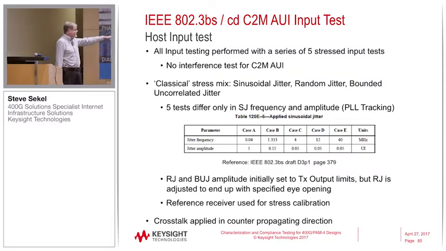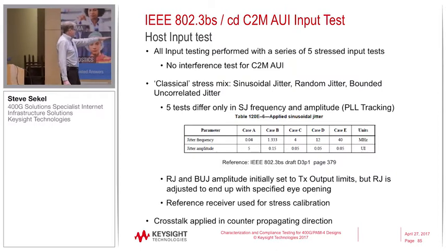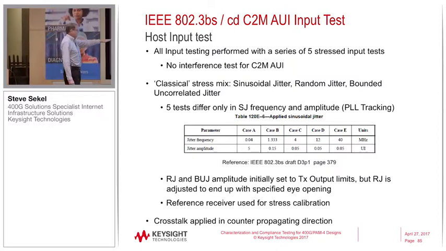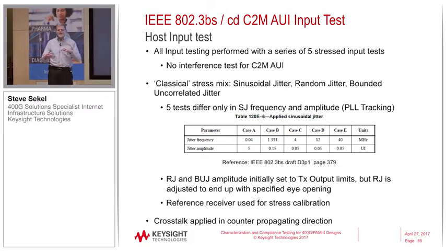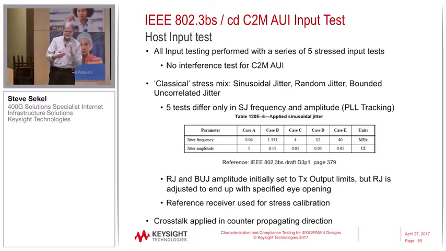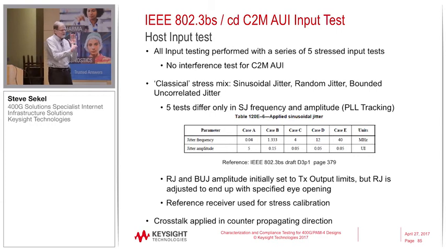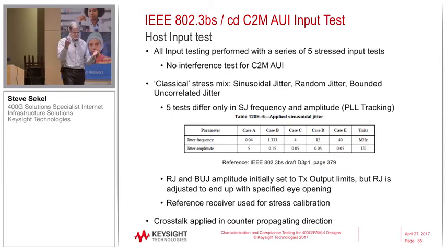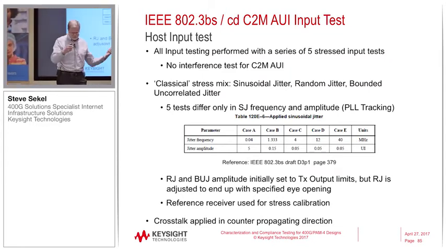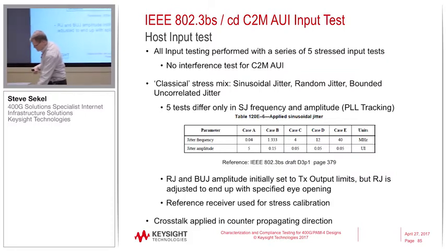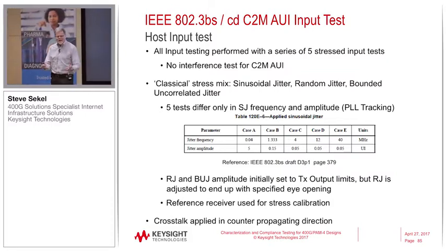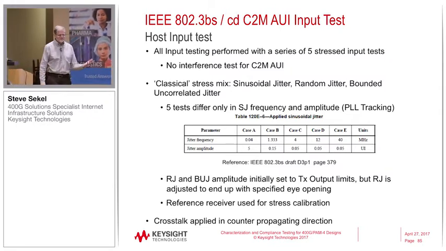Okay, and then they start out with a specified amount of BUJ and random jitter, and that's just the starting point. At the end, when you go through all the fixturing and everything, right at that compliance test point, which is convenient because remember I showed that's right on the compliance test board, and that is a removable connector. So all you do is simply remove that connector with a cable and hook it up to the scope you're using to calibrate your stress. And there's no extra de-embedding or anything that is necessary to do.